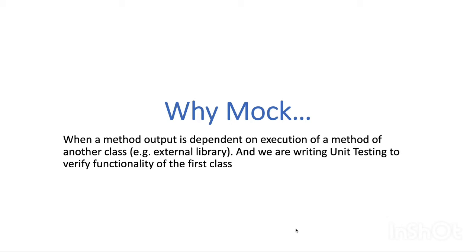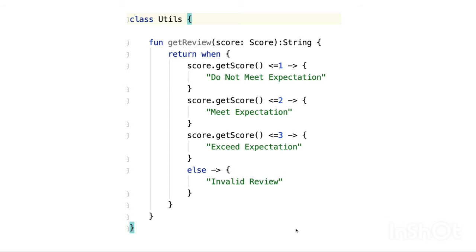Now, while writing unit tests, let's think that we are writing unit tests for a Utils class, and we are verifying a method there, the getReview method, and that method needs another object, the score object, and based on the value of the score object we return different values.